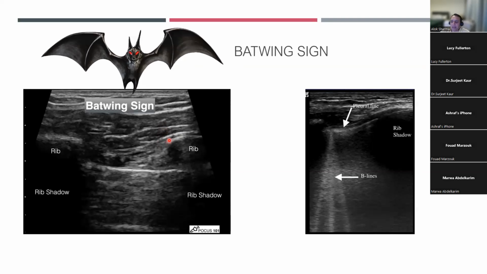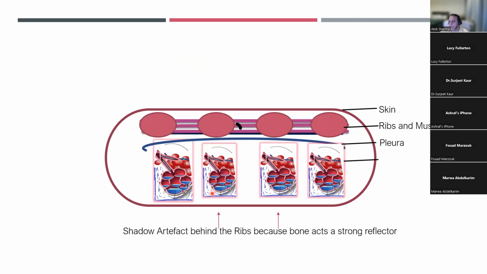But what is the batwing sign? Let's talk about it in a little bit more detail. So this is just a nomogram. And in this nomogram, what you can see is skin. You can see ribs. You can see muscle in between the ribs. And then you see this blue area, which is pleura.